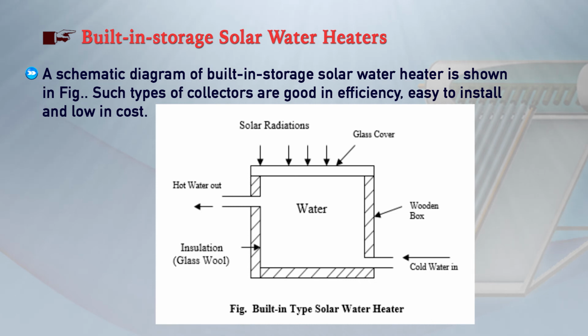The top one is basically a glass cover where solar radiation comes and penetrates through the glass cover and goes inside of the tank. And outside here, you can also see the insulation.